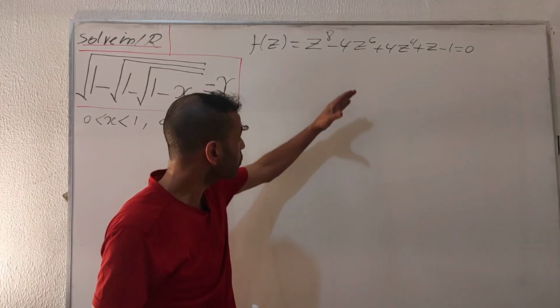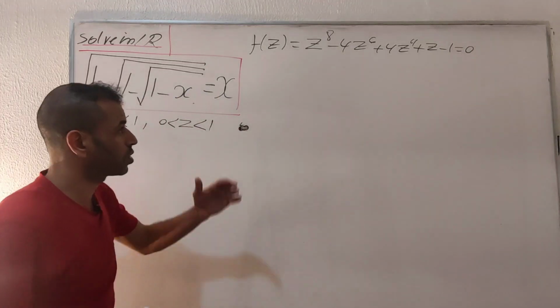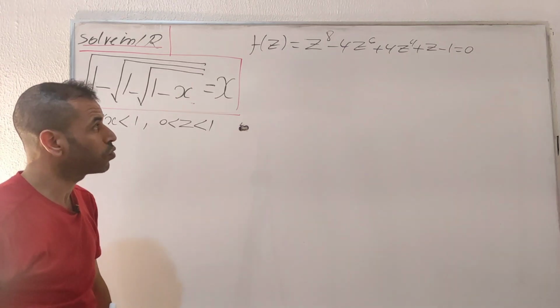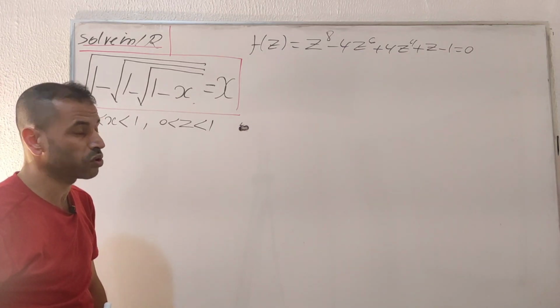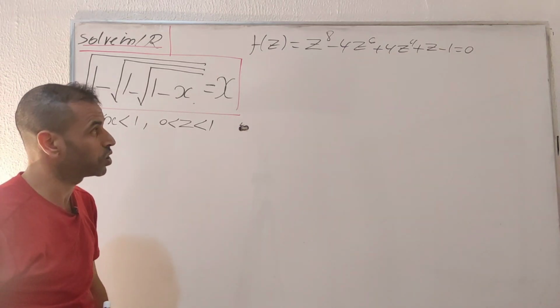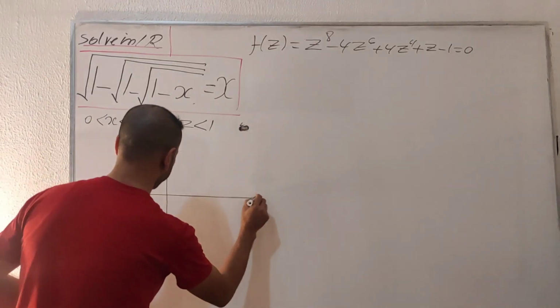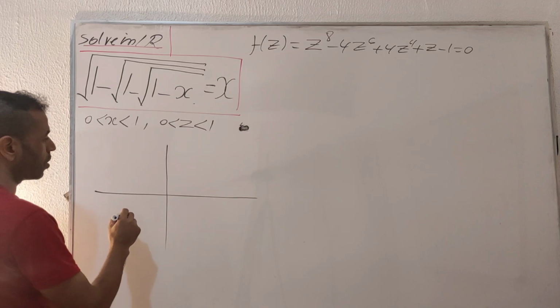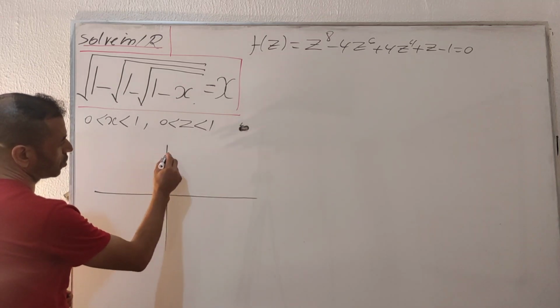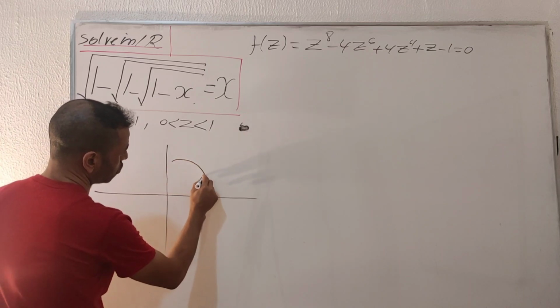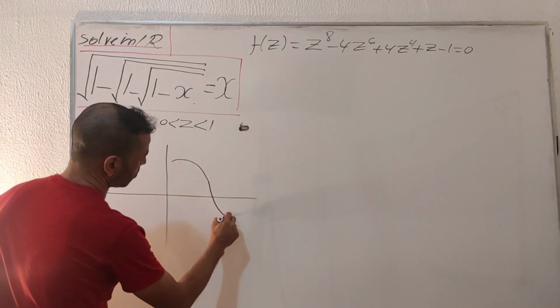Okay, so before we start solving this equation, I'm going to remind you about a very important and useful tool which we can use here. So if you have a function, whatever increasing or decreasing function, then the function is going to cross the x axis at some point like this.